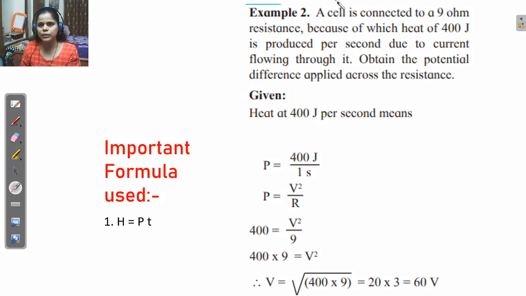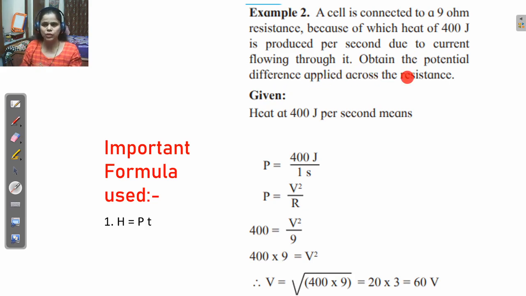Our second example: a cell is connected to a 9 ohm resistance. Here resistance is given as 9 ohms, because of which heat of 400 joule is produced per second. That means in 1 second, due to current flowing through it, obtain the potential difference, that means V, applied across the resistance.